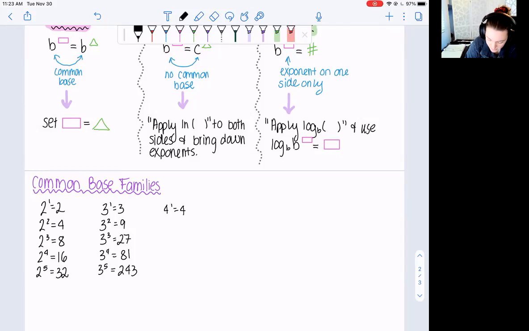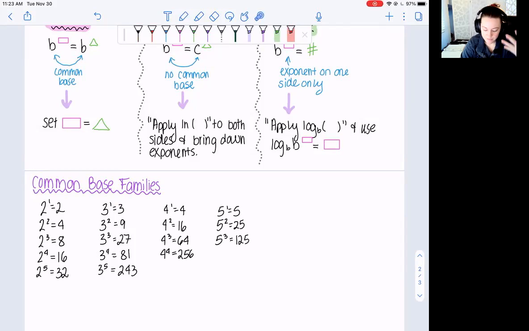4 raised to the first power is 4. 4 squared is 16. 4 cubed is 64. And 4 to the fourth power is 256. 5 to the first power is 5. 5 squared is 25. 5 cubed is 125.